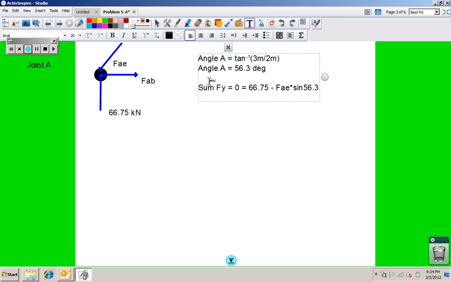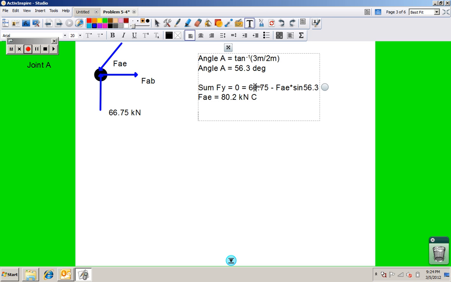When I solve that, I get FAE is equal to 80.2 kilonewtons. And it came out positive, so that means that it is going in the direction I drew it.